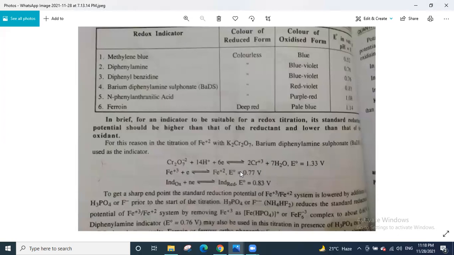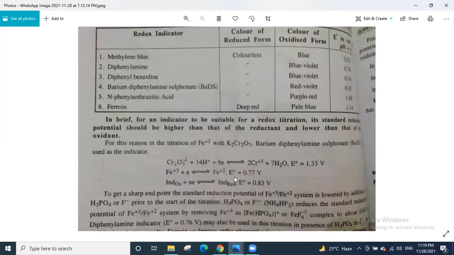So the oxidizing agent first oxidizes the iron, with potential 0.77, which is easily oxidized. When all of it is consumed, the oxidant then reacts with the indicator and oxidizes it, so it shows the color change.